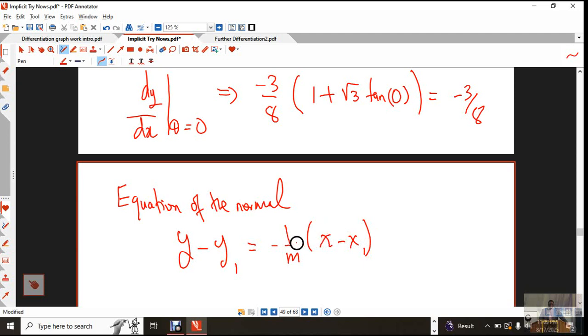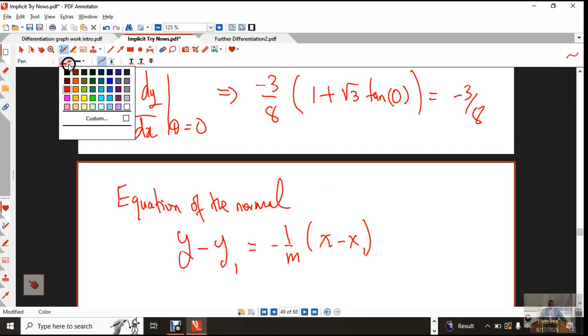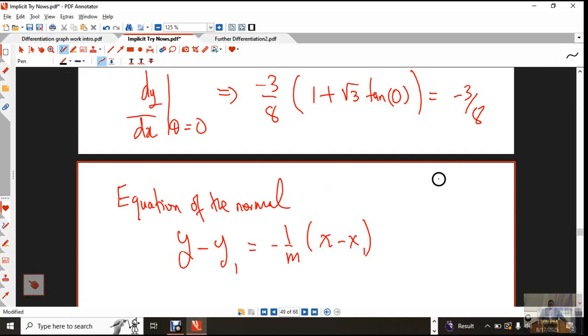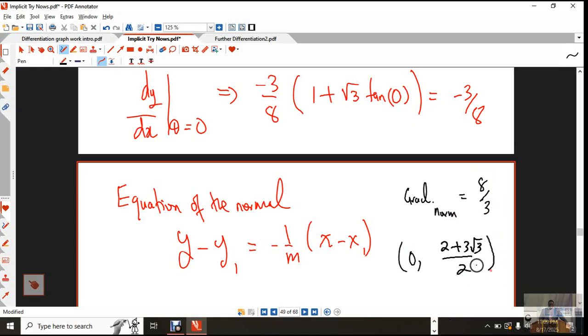Good. So the gradient of the normal will be the negative reciprocal of that, which is going to be 8 over 3. And we have a point 0, comma, 2 plus root 3 root 3 over 2, if you remember. This is going to be the x sub 1, and this is going to be the y sub 1.